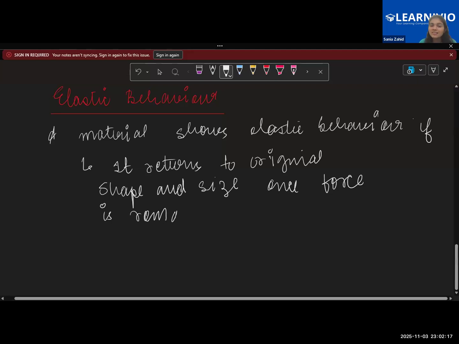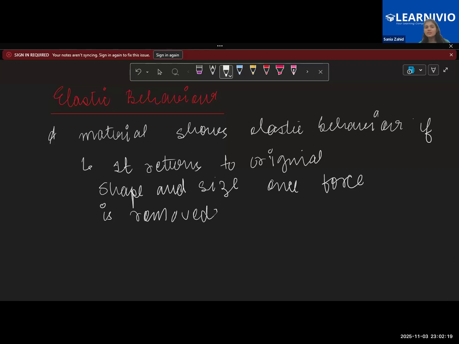Now, what is the meaning of elasticity? Students are often confused and treat elasticity and stretching as the same thing. Stretching and elastic behavior are not the same. An object can be stretched but might not be elastic. Whenever you stretch an object, you are applying force, but whenever you release the force, the object returns back to its position.